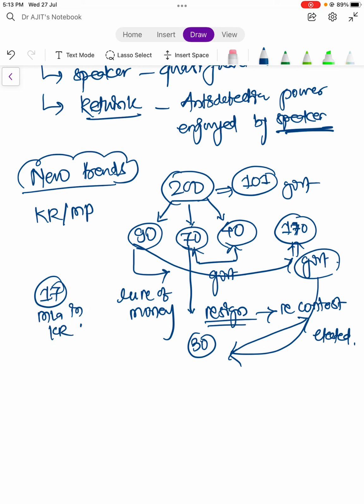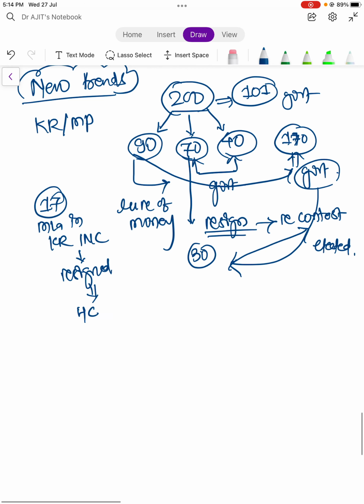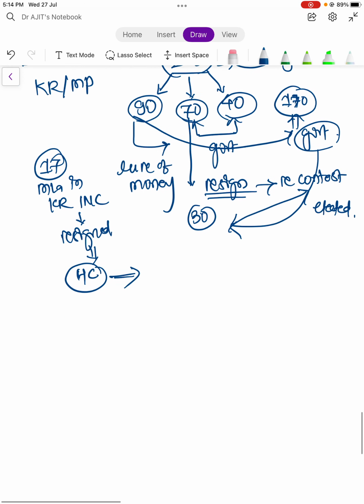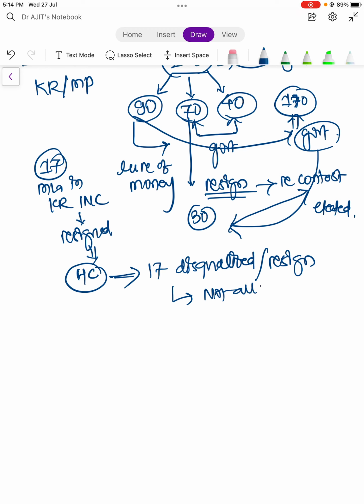in Karnataka from the Indian National Congress who resigned, and this case went to the Karnataka High Court. The High Court said that once these 17 MLAs become disqualified or resign, they should not be allowed to recontest for the remainder period, right?